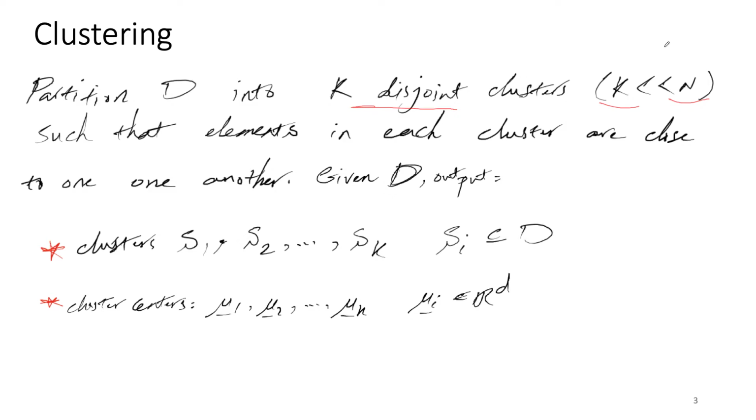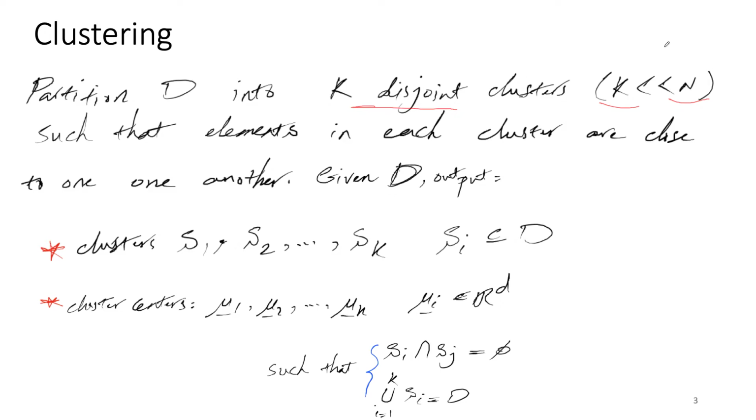As I stressed, the clusters should be disjoint, so we have two simple conditions. First, there should be no overlap between any Si and Sj. Secondly, the union of all these clusters must represent our data set D.